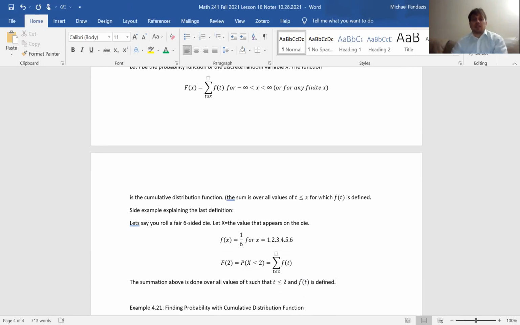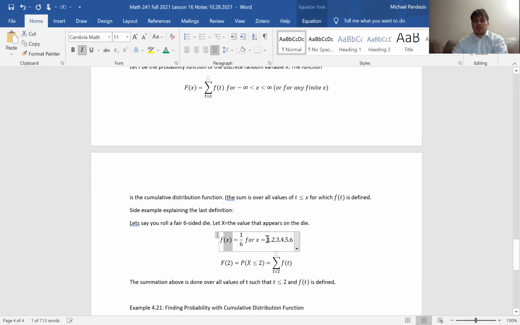Okay, so f of t is only defined on values 1, 2, 3, 4, 5, and 6, and so we're not going to evaluate f of 1.5, right? The only values of t at most 2 that are defined here are 1 and 2.